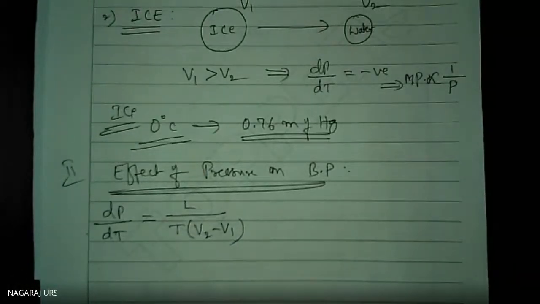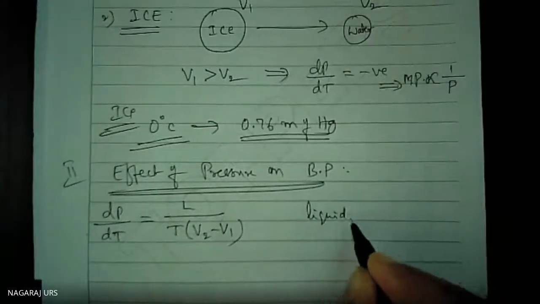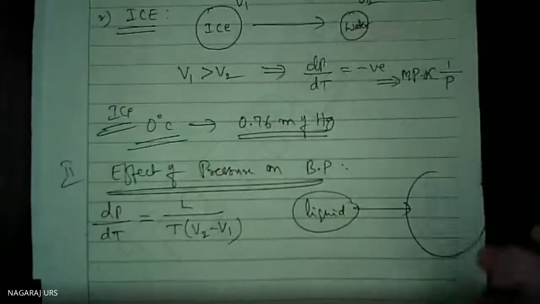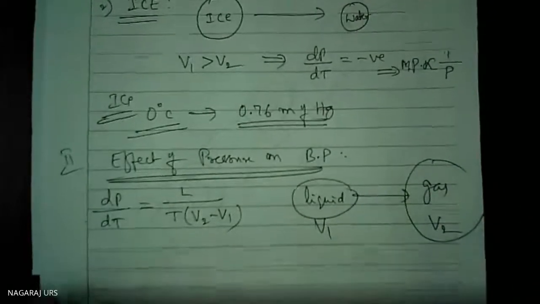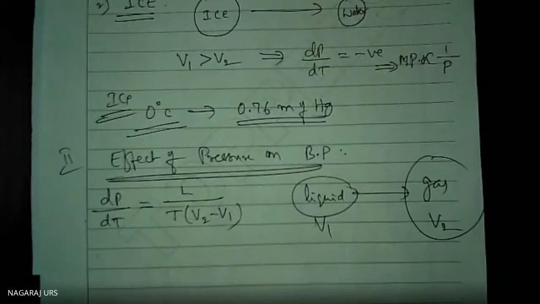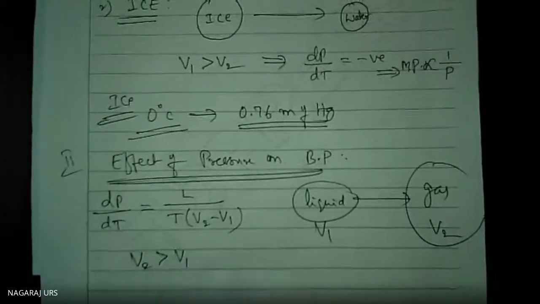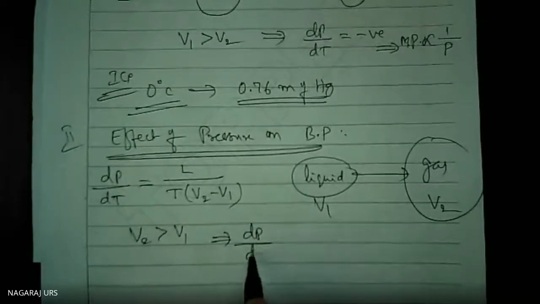Now consider any liquid converting into gas. This is the volume V1, this is the volume V2. We know that the vapor state occupies more volume than the liquid. V1 is lesser, V2 is larger.